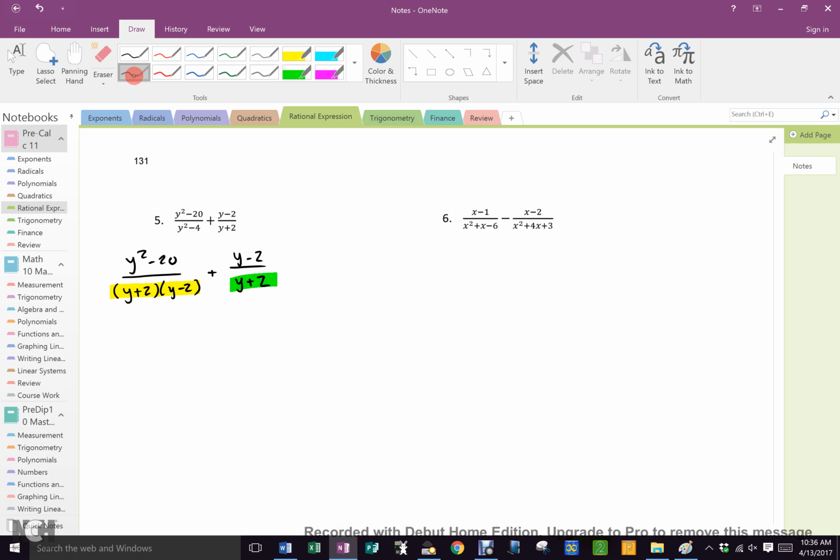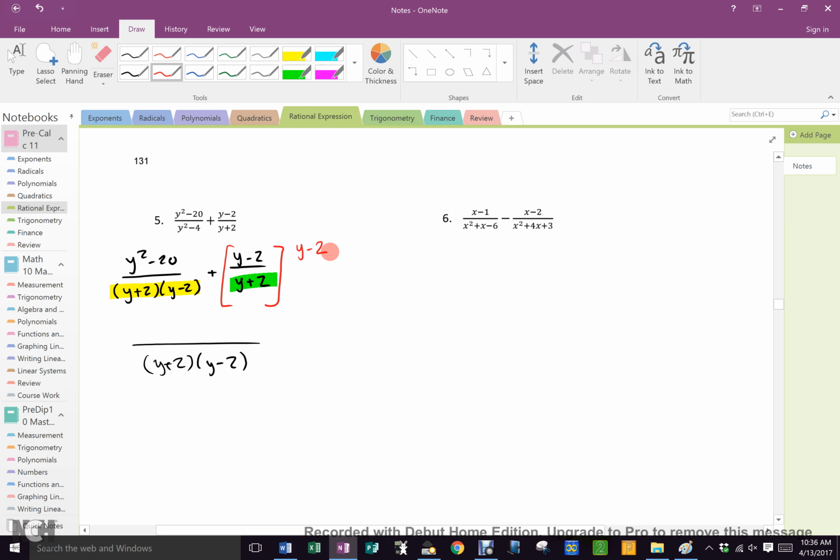So I look at the yellow denominator and I see there's a y plus 2 and a y minus 2. Now look over here. Which is covered by the green? The y plus 2, yes? So this side must need what? A y minus 2.